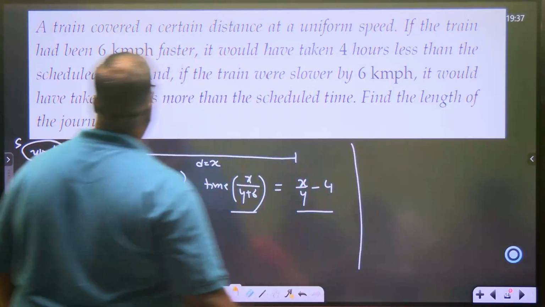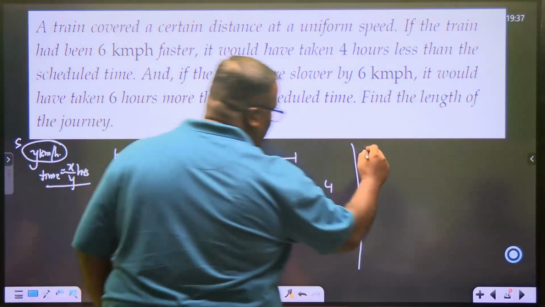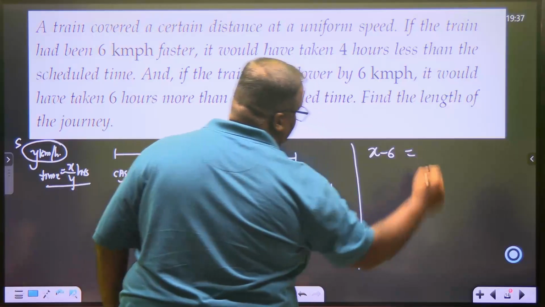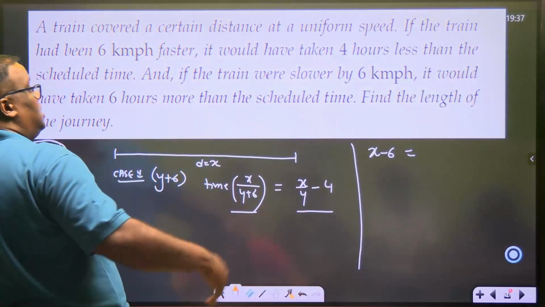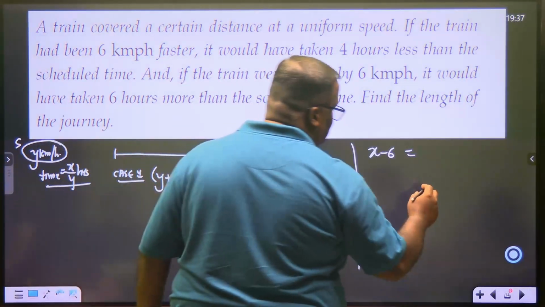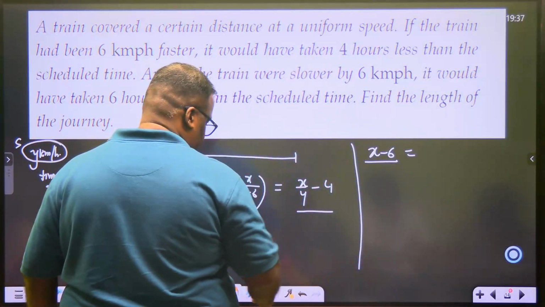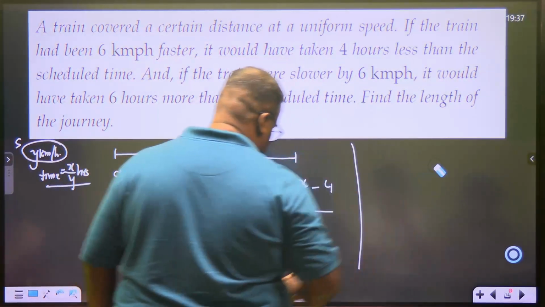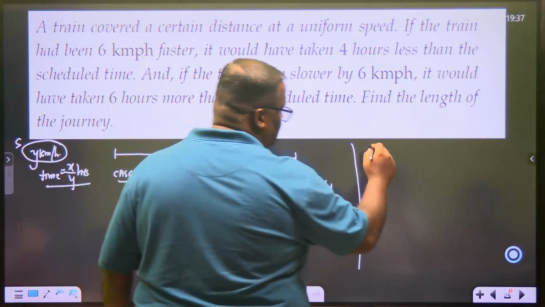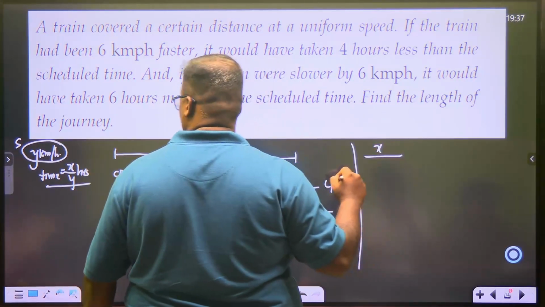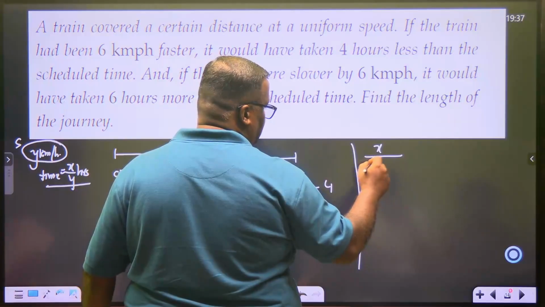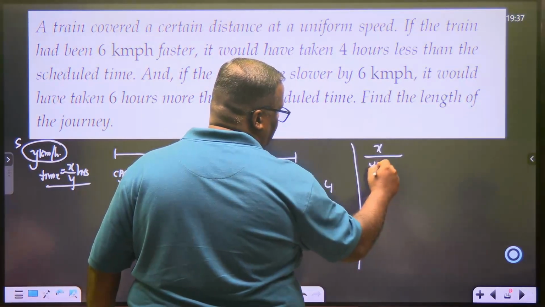And then it says, if the train was slower by 6 kilometer, then it takes 6 hours more. 6 hours more means the time it would take is distance by speed. So what is the distance? Distance is x. What is the speed? The speed is y minus 6.